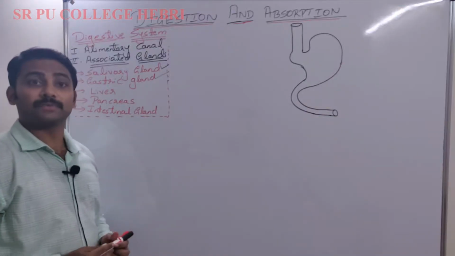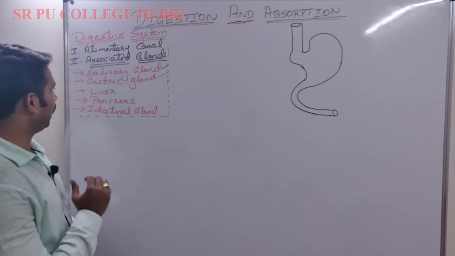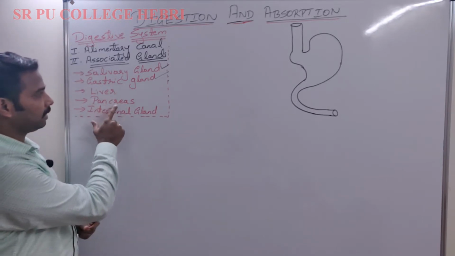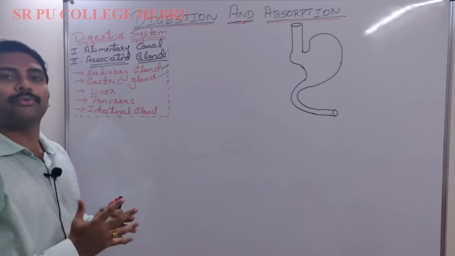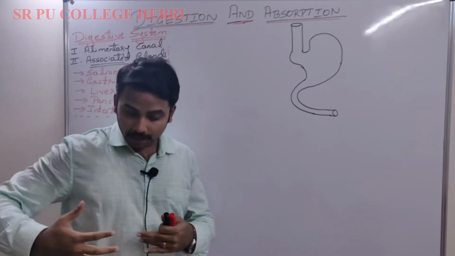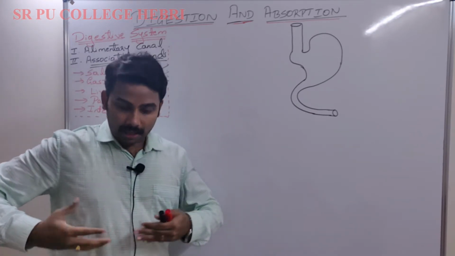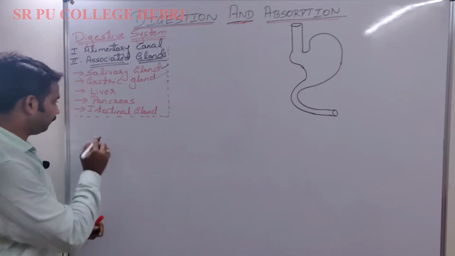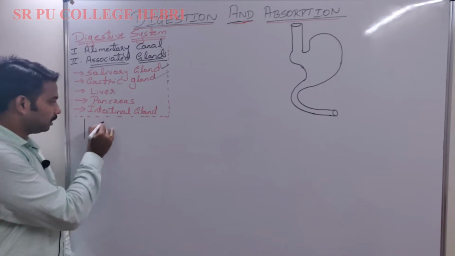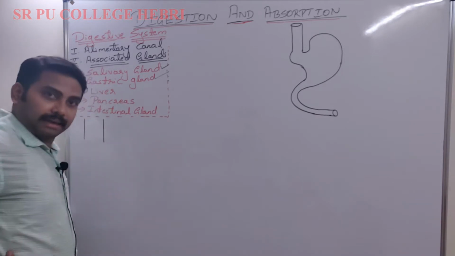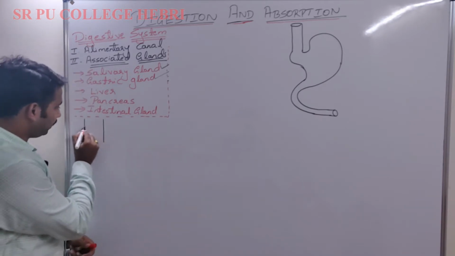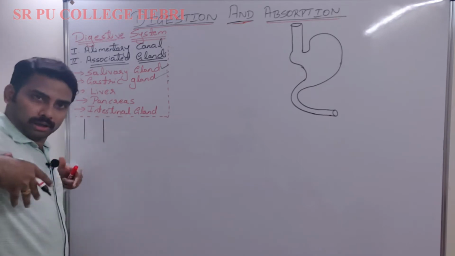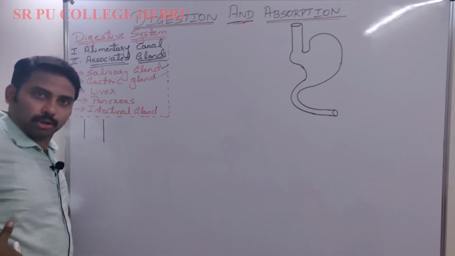Hello students. Next associated gland we have to discuss liver and pancreas. Where is liver? It is present on our right side below the diaphragm. Just try to understand that if this is your trunk region, it can be divided into upper part called thorax, lower part called abdomen.